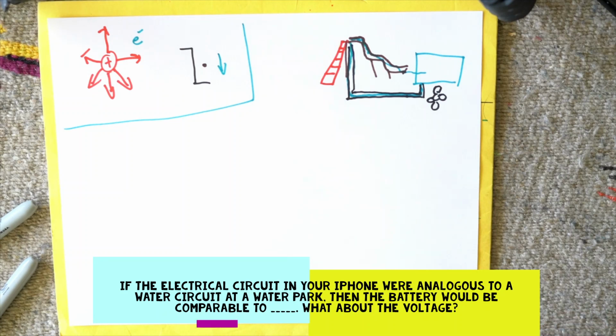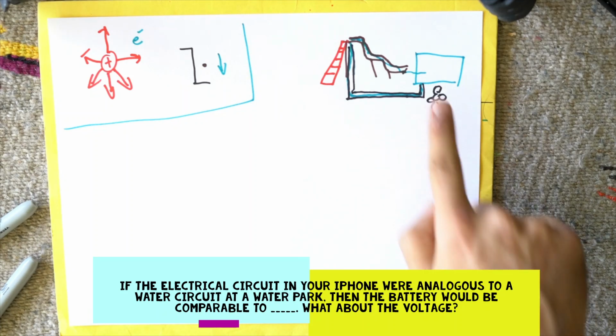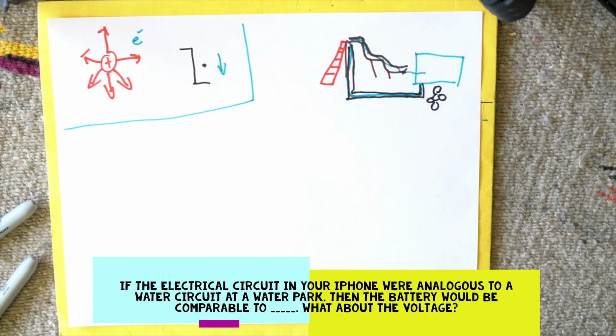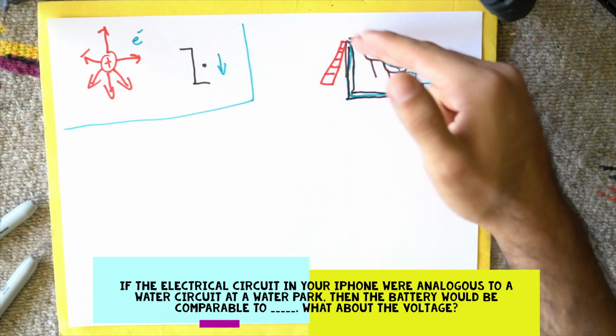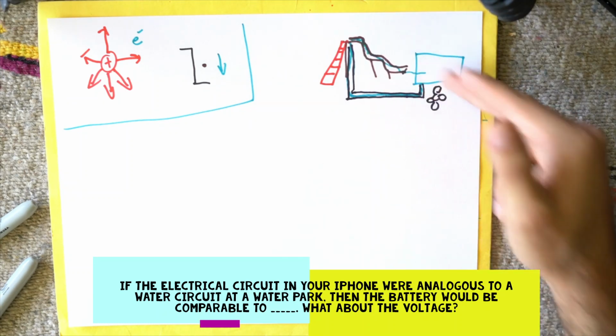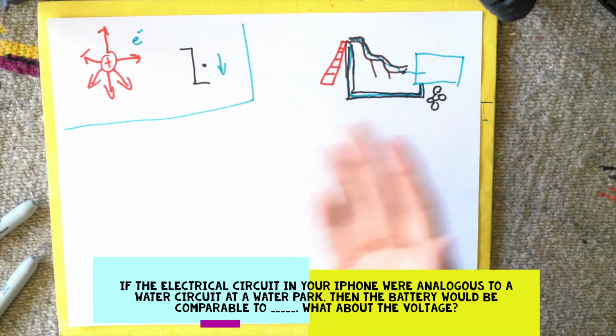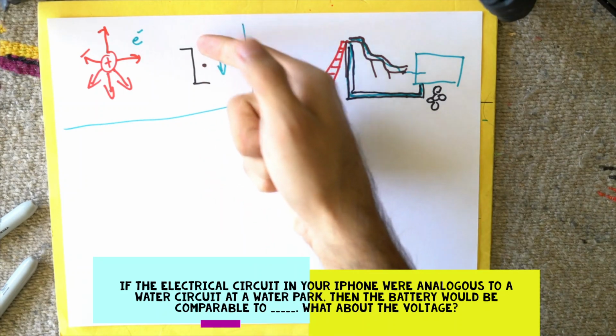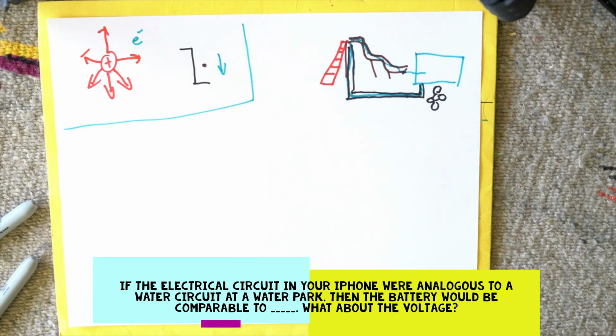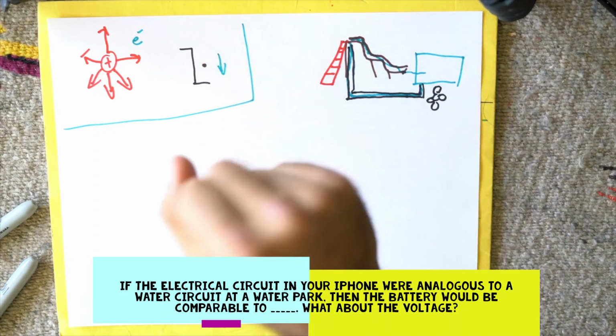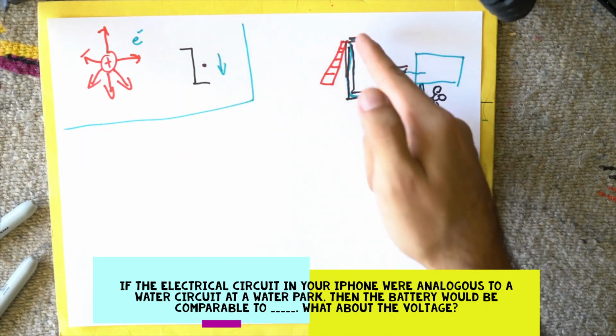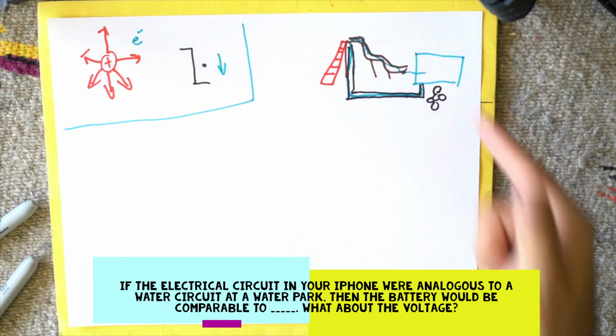It creates this energy source that does this. Now, when we think of voltage, let us think of the difference in potential from here and here. Of course, if I put some bit of water, some droplets down here, they're going to want to fall. Similar as if I grabbed some rock and placed it at the top of the cliff, it's going to want to fall. And when you let it go, it will fall, and when you leave some water up here, it will fall.